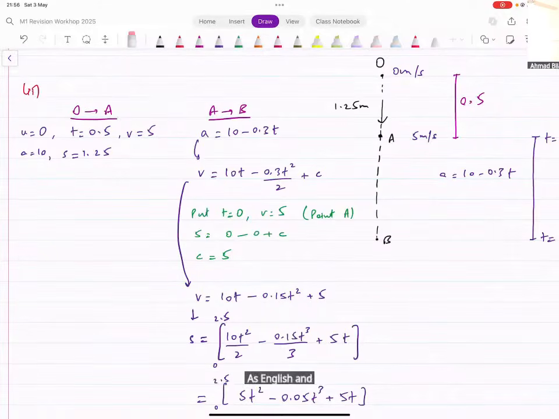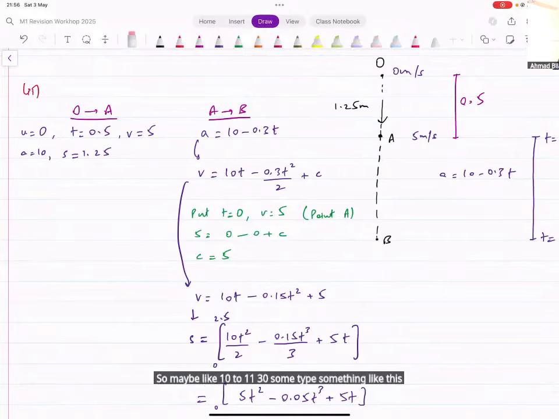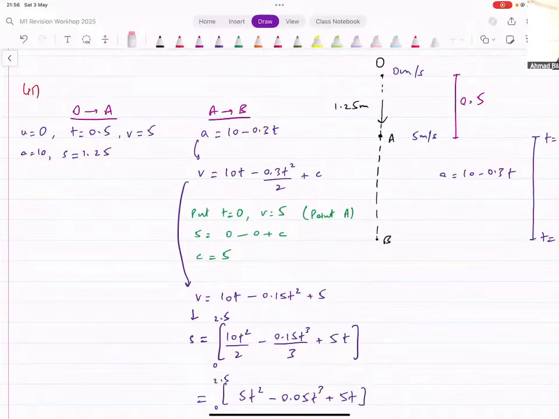Okay. So how early can we do tomorrow? So maybe like 10 to 11:30, something like this. I'm not sure anyone is going to be up at 7 a.m. Will that work for everyone? Sure.